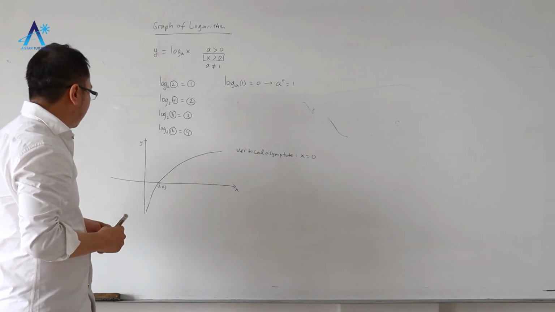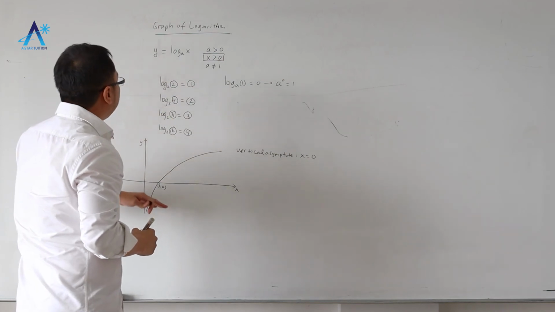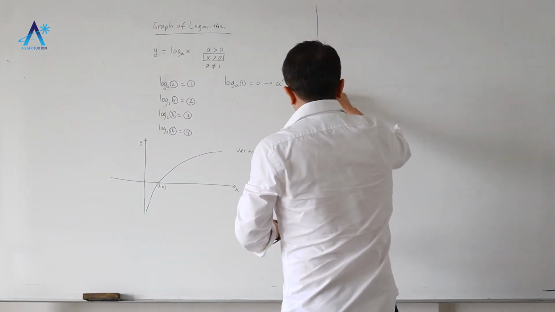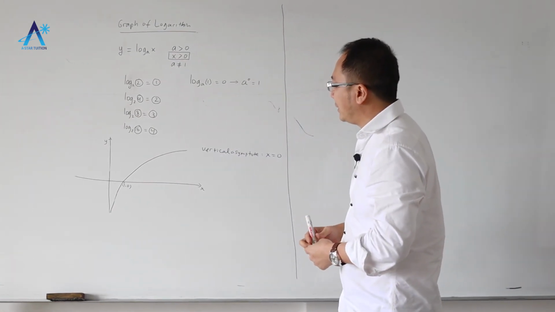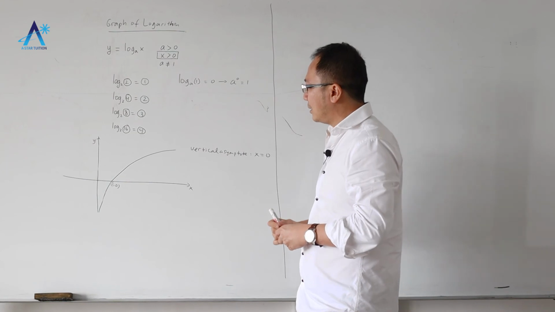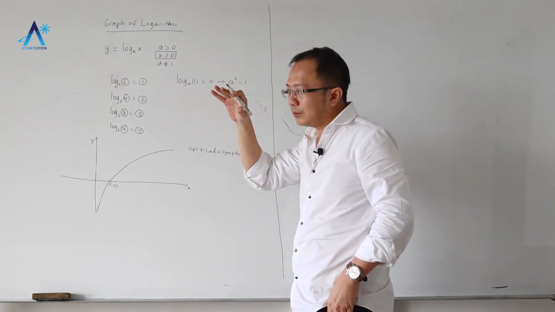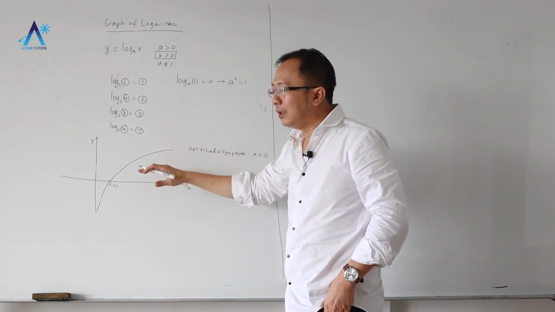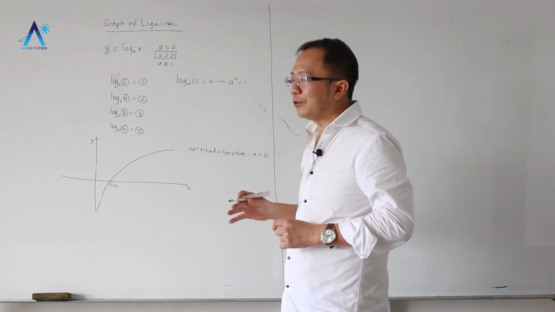Okay, moving forward, we will also learn some variations of this graph, which have to do with reflection as well as translation. The detail of this discussion will actually be covered in the specific topic called transformation.